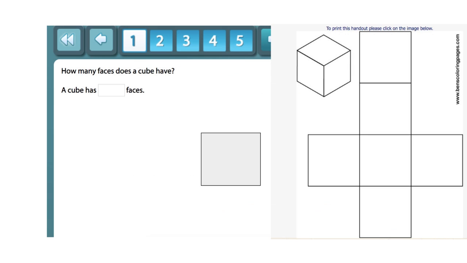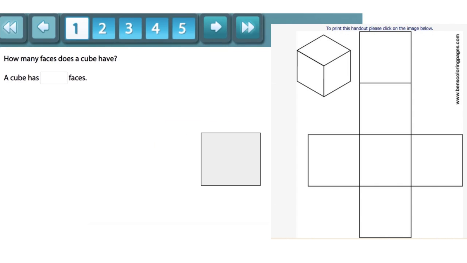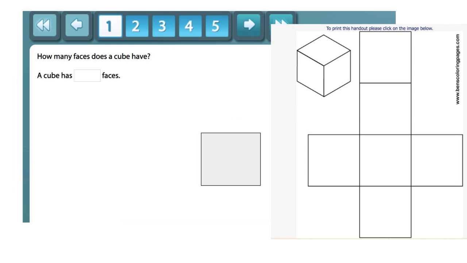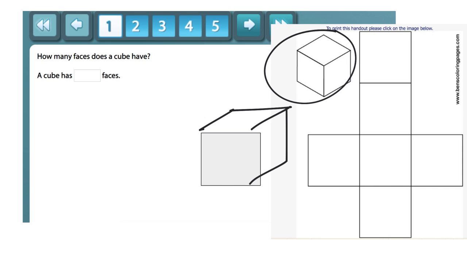All right, let's look at the first question on the homework. They ask you, how many faces does this cube have? And I'll draw a picture of a cube. There's also a picture of a cube, but a face is all the sides that you can see, the outside of it. So this is called a net shape over here.